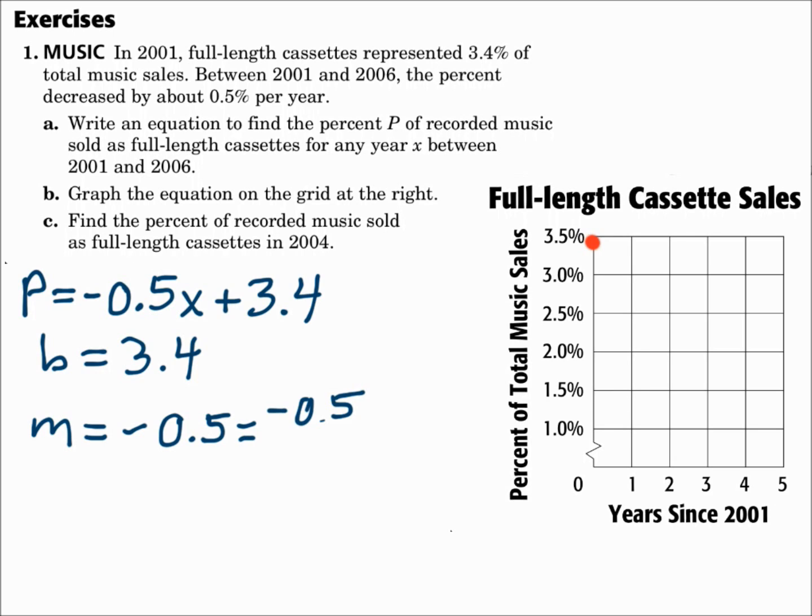We can put that over 1 and rise over run. So we'll rise negative 0.5, which goes down 0.5, run 1. Then draw the line through those points. Remember, when the slope is negative, you rise down.